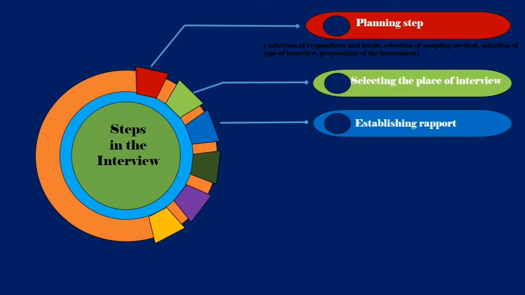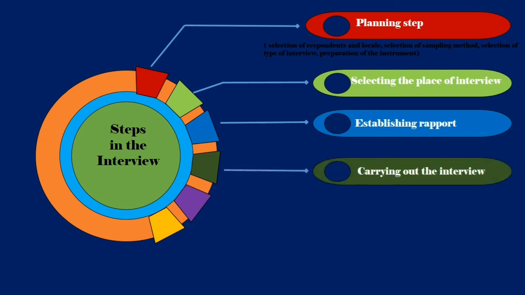When you say you have to establish rapport, before the conduct of the interview proper, at least you have made some preliminary conversation with your interviewee, so that you can eliminate some awkward behavior or some unnecessary reactions, and you have to explain, of course, the purpose why you are doing this interview with them. The next, of course, is the carrying out of the interview.